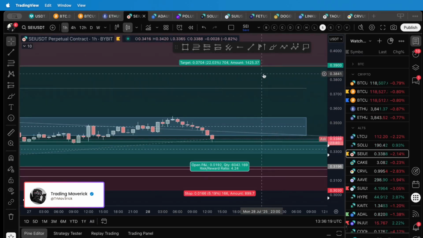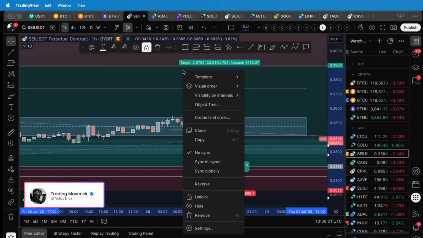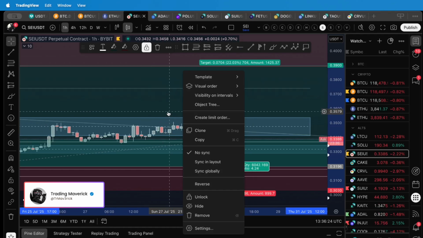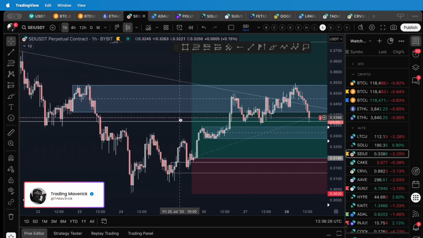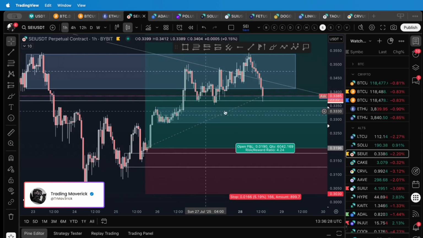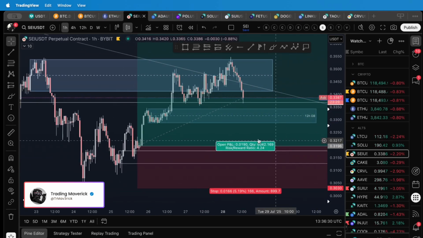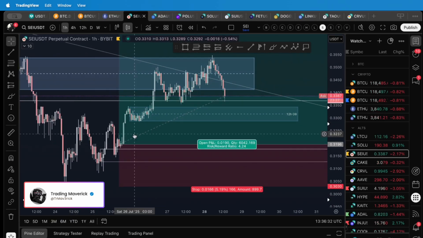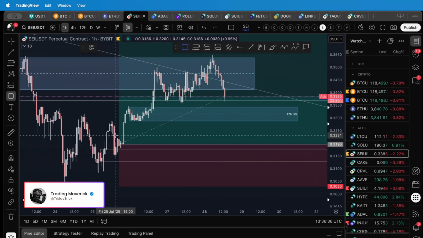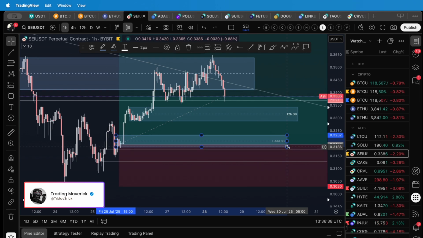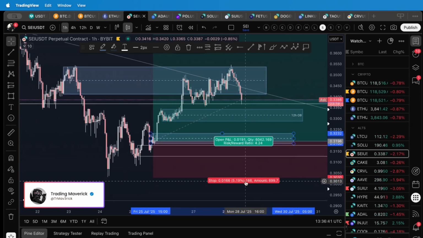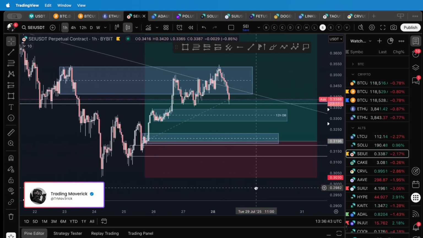If we go on lower time frames, yeah, pretty much this demand zone lines up. But we also have a small OB here, so price could come lower. But yeah, stop loss should be safe.